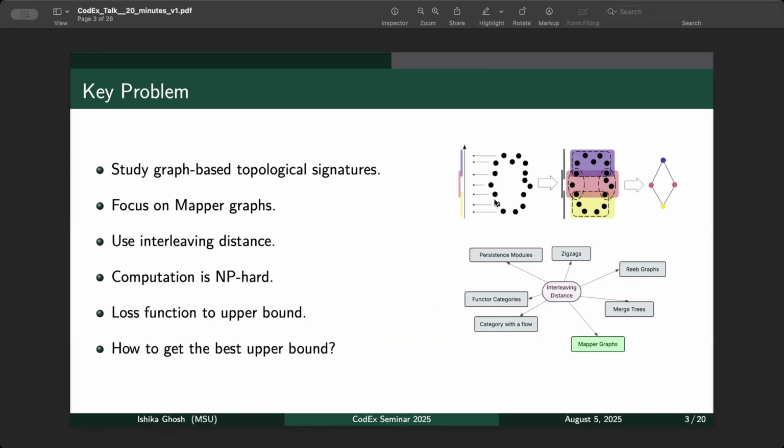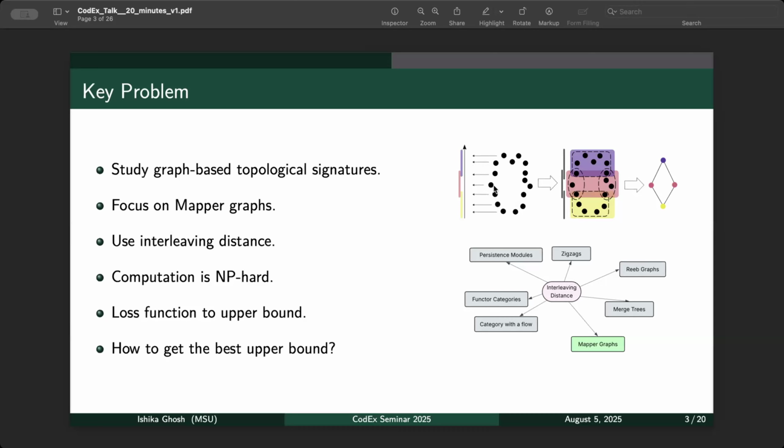To narrow down to the project I'm going to talk about, I work on a graph-based topological signature called mapper graph. Given, say, high dimensional data, for example, if you look at the picture on the top right, we have point cloud data, and a real valued function on that data, here like the y-axis projection.